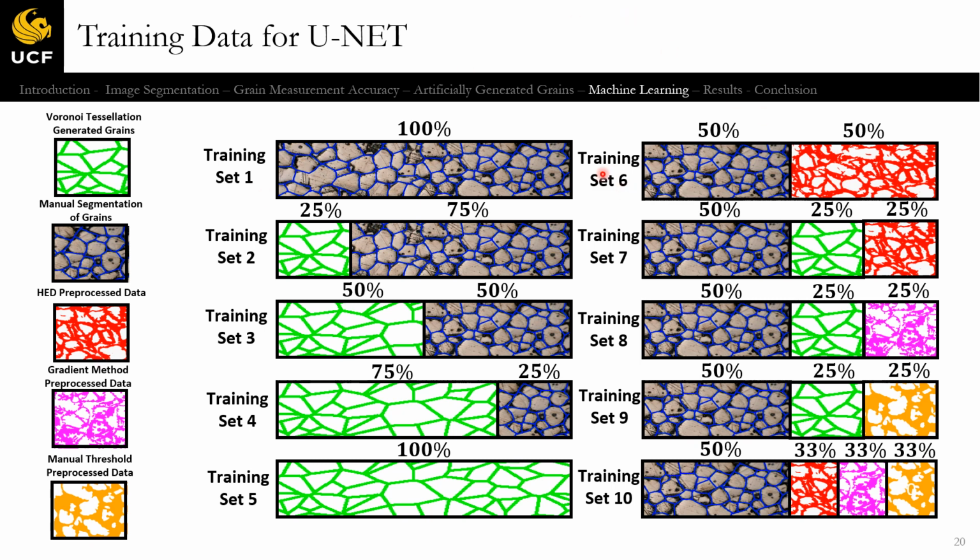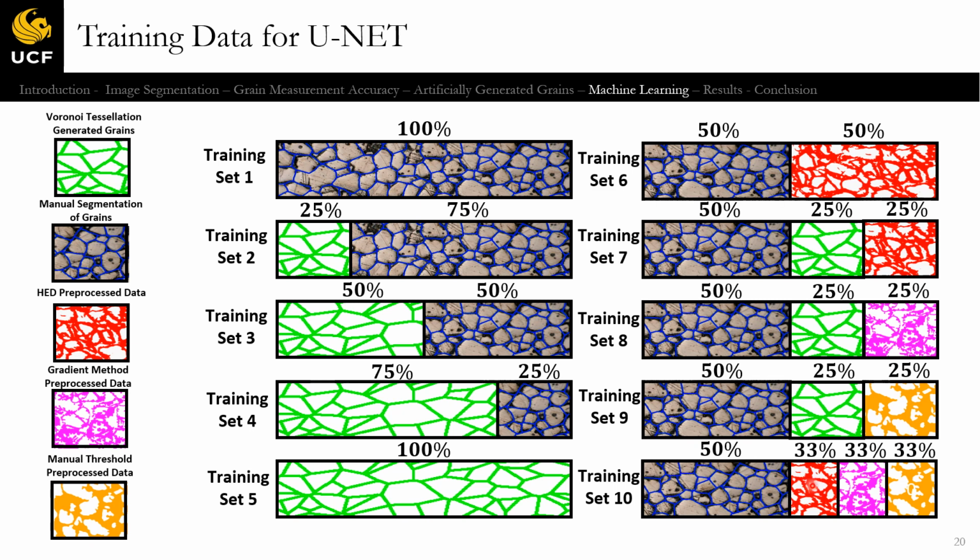So for training sets 6 through 10, a little bit of noise generated through the HED method, the gradient based approach, and the manual thresholding method was also introduced into the training data to allow the network to train against that data and become more robust.